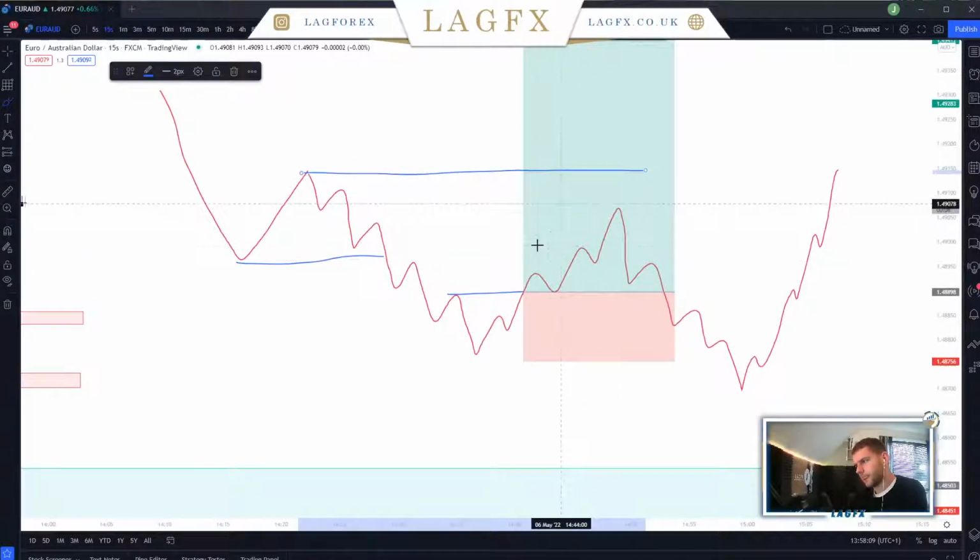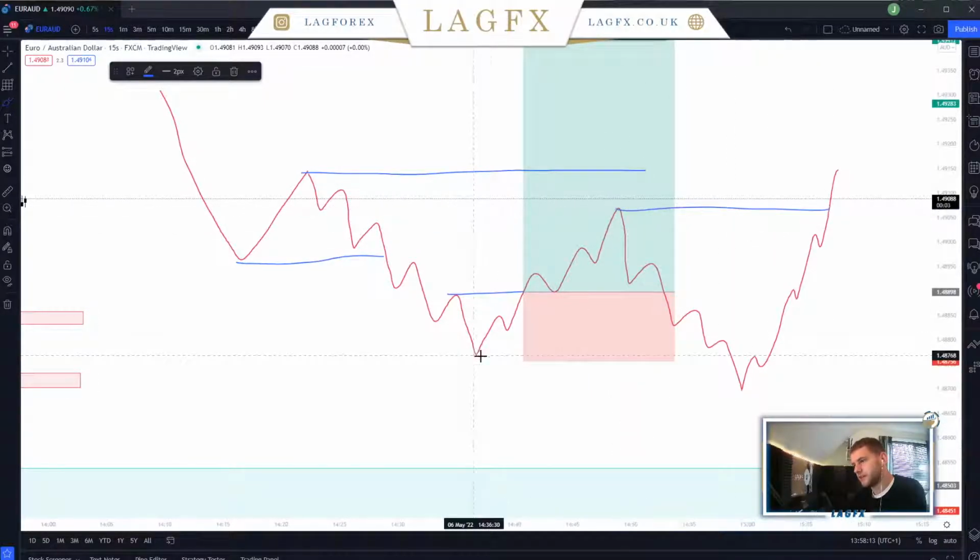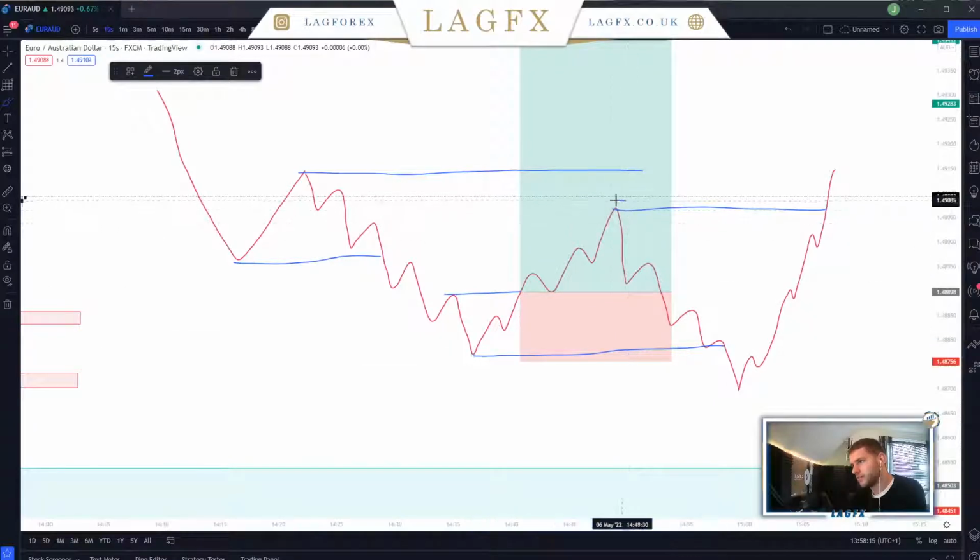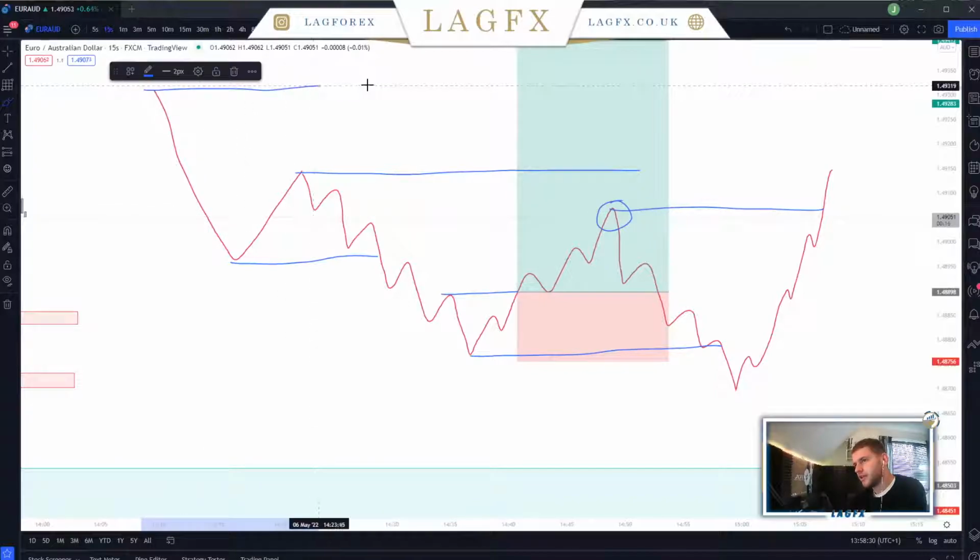Now, if we have a displacement like this, and what's happened here is because we broke this low, this has become a protected high. So we've now had this displacement. Now, because we've had this displacement, we understand that it's very likely now that price will go bullish and do something like this. However, we still not displaced this overall high.